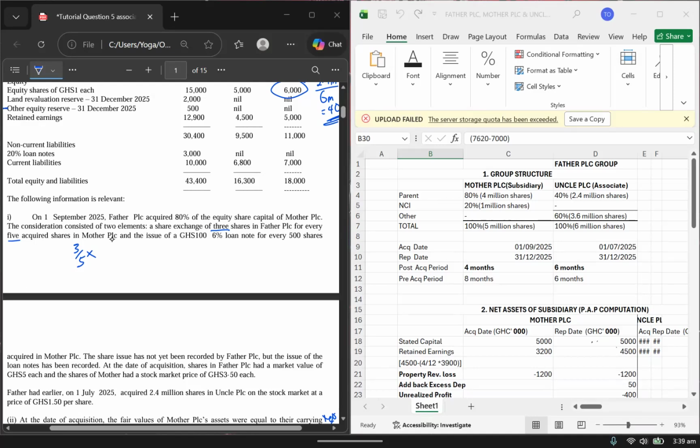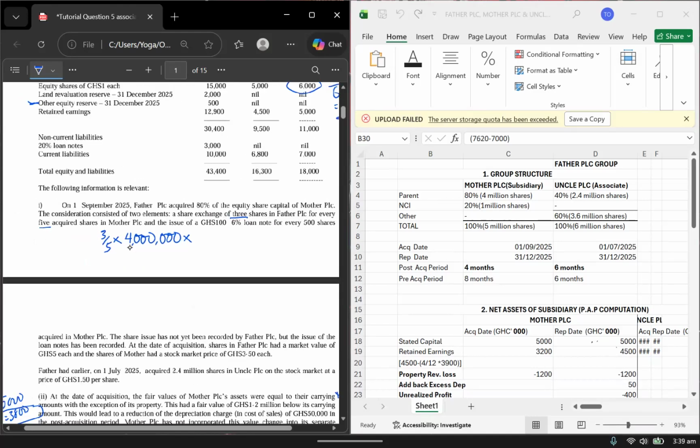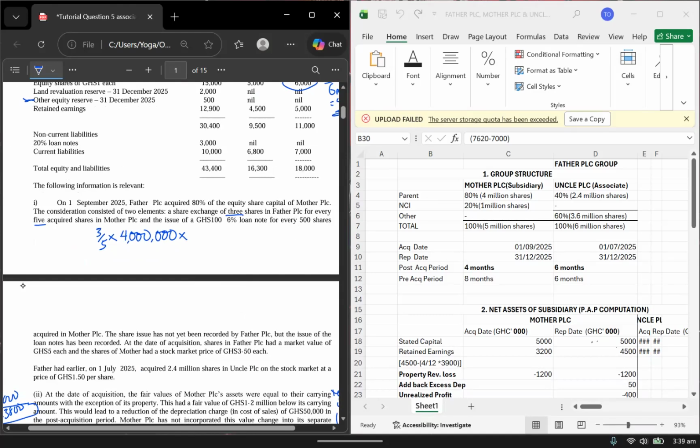So I just come here and write my 4 million, times what? Because it's the parent that's issuing 3 for every 5, you use the parent's share price. Please, it used to confuse me earlier whether to use the parent share price or the subsidiary share price since they've both been given.